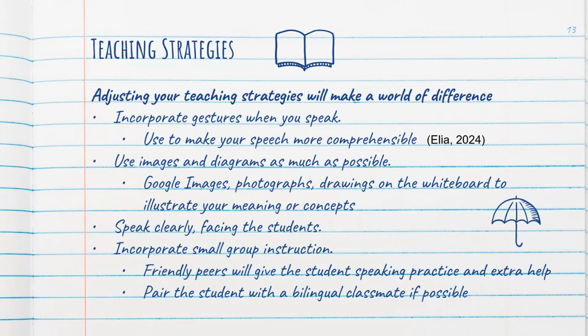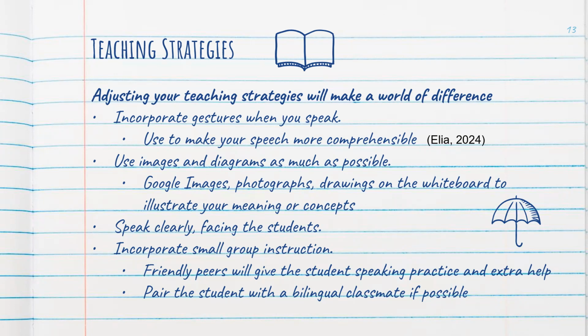Next, speak clearly facing the students. I've been learning Spanish myself for a while, and I find that some people just do not speak clearly. And in other conditions, I can understand them just fine if they speak clearly, but many people do not. And this makes it extremely difficult to understand them, even when generally I have a good comprehension.